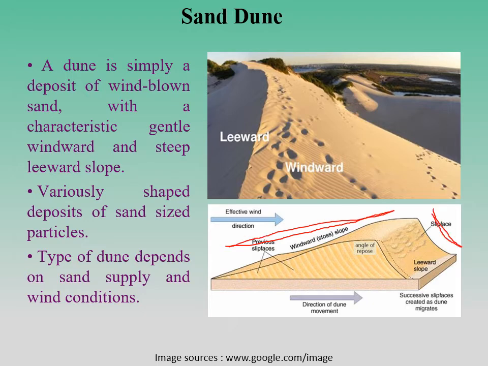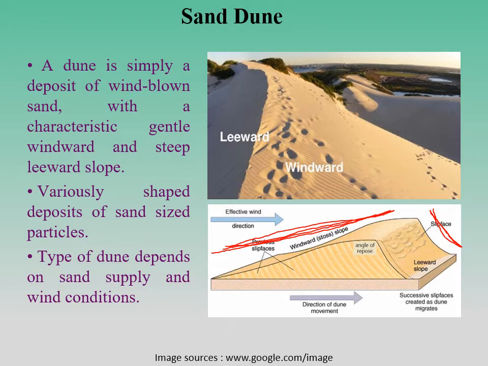Now the gentle side is known as the stoss side, whereas the steep side is known as the lee side. And you can see in most cases the dunes are asymmetric in nature. Always the stoss side is greater than the lee side. It will never happen that the lee side is greater than the stoss side.